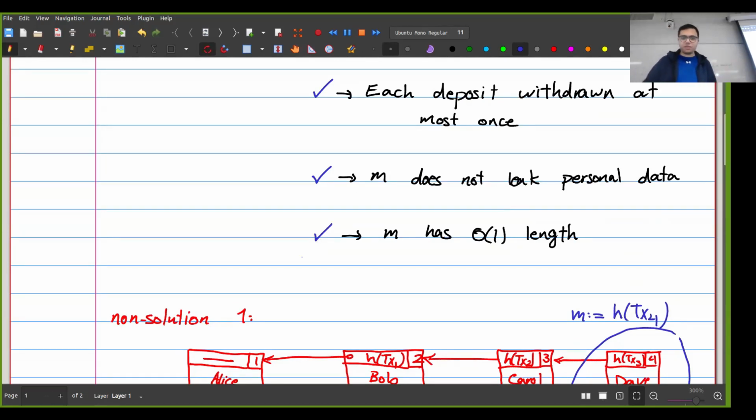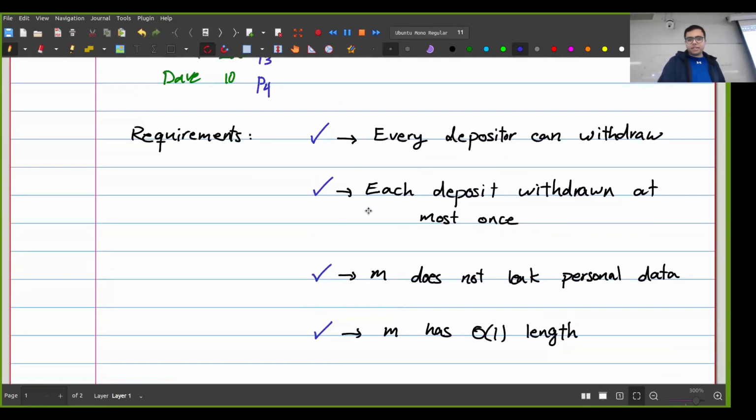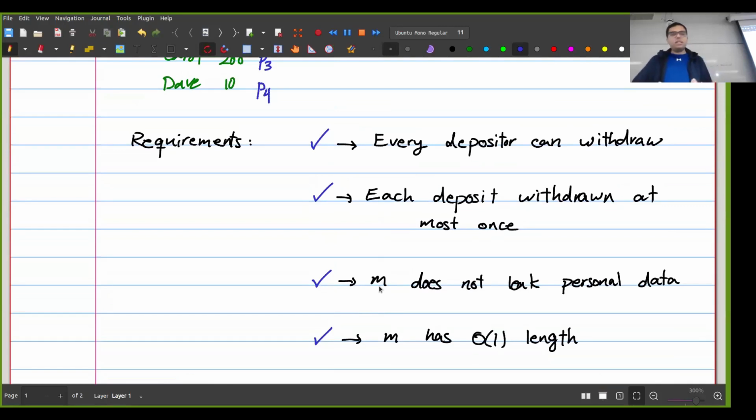So this is also fine. Now, the thing that is interesting here is that I didn't want M to leak any personal data. And basically, I used the hiding property of the hash function here. I said that because M is just the hash of something, and because my hash function is hiding, this M is not going to leak any information, right?